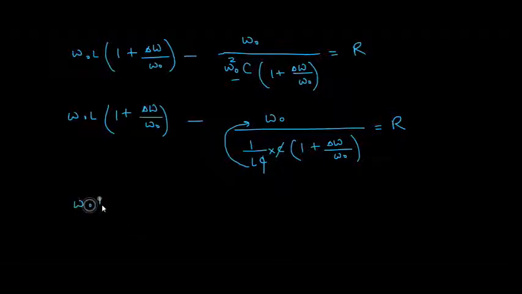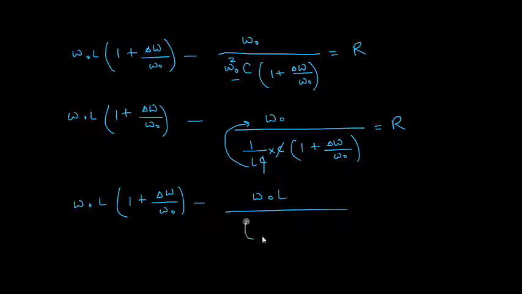So omega naught L 1 plus delta omega upon omega naught minus omega naught L 1 plus delta omega upon omega naught is equal to R.